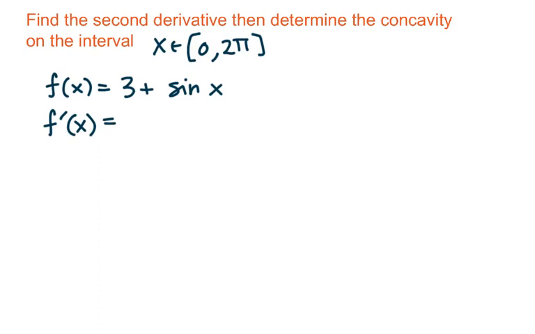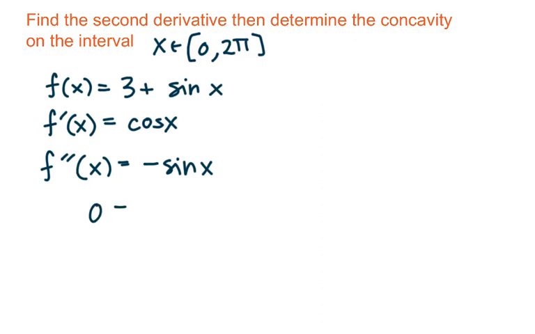My first derivative: the derivative of 3 is 0, the derivative of sine is cosine x. My second derivative, f double prime of x: the derivative of cosine is negative sine x. So we find the second derivative, and then we're going to find our inflection values by setting the second derivative equal to 0.